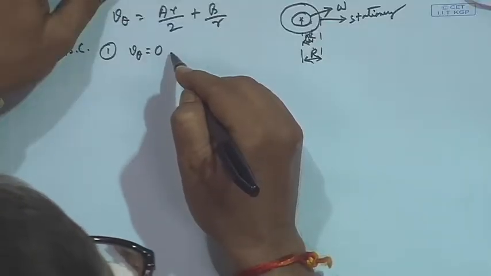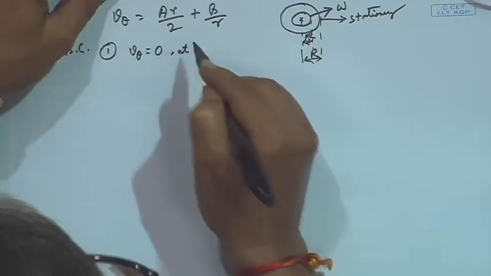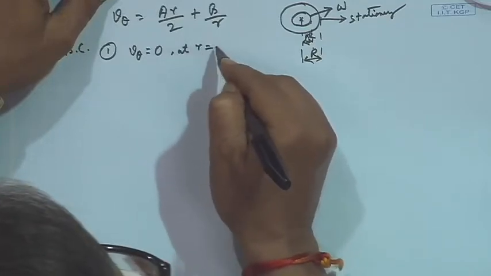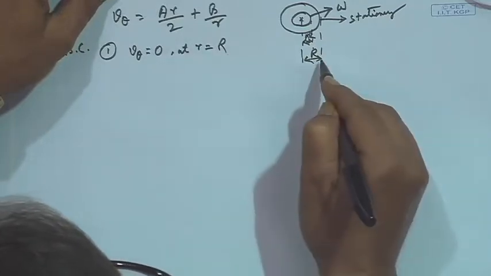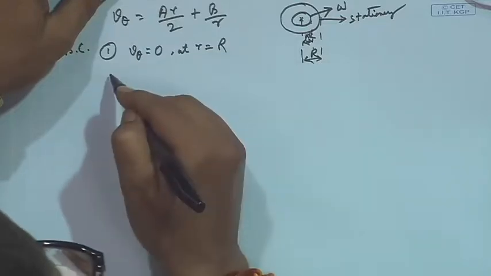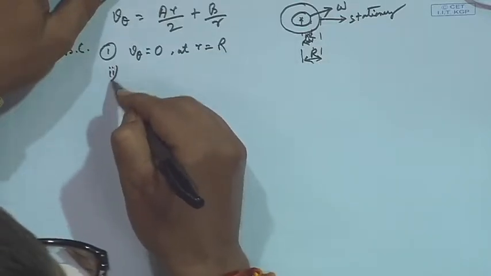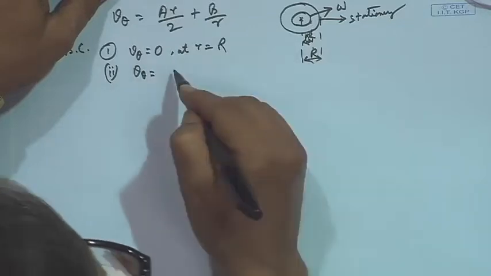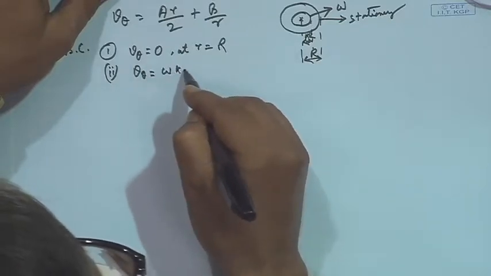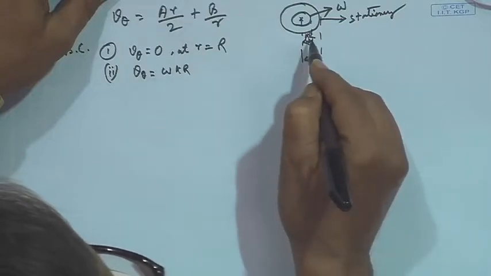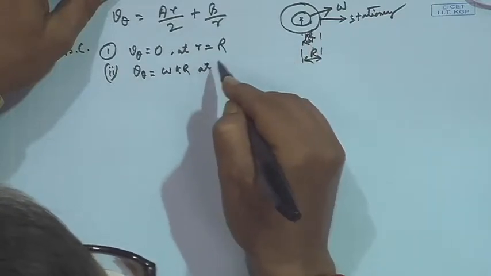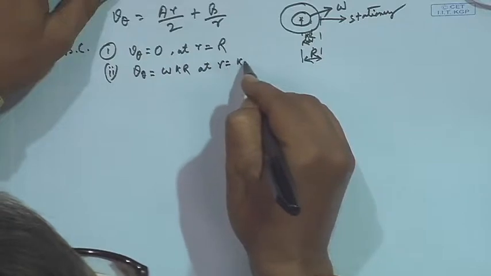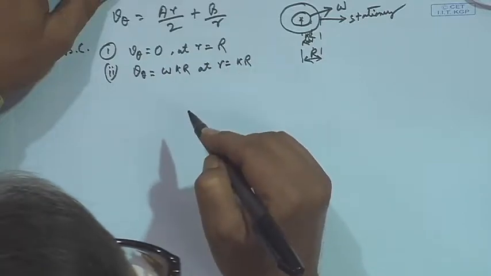So, that is why V theta is 0 at R equals capital R. This is boundary 1, and boundary 2 we can write V theta equals omega k r at R equals k r, right.